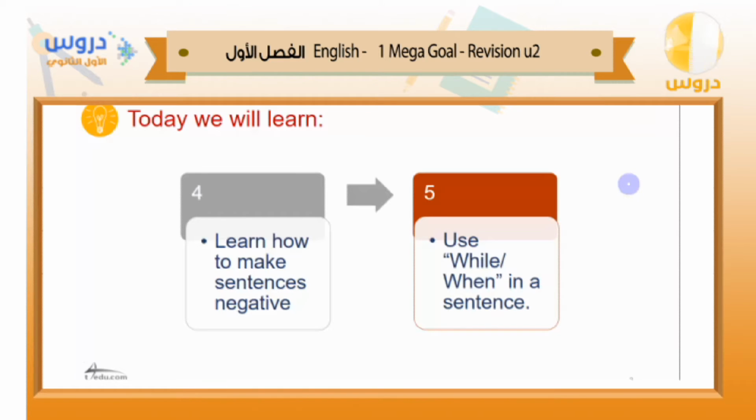Also we are going to learn how to make sentences negative and use while and when in a sentence. Those were the objectives of what we are going to cover today in this lesson.